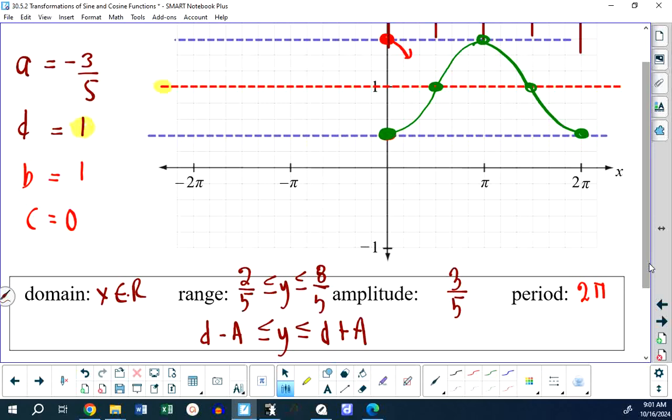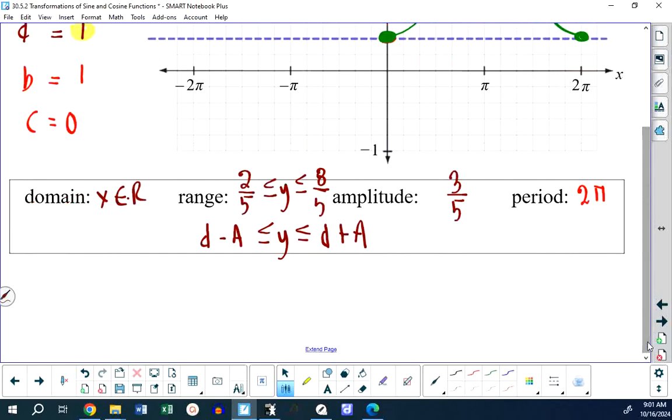You cannot say it's the parameter d minus the parameter a. This would be wrong unless you did this. Because if a is negative, which it is, it wouldn't work. You'd be taking away a negative to get the minimum, which would mean you'd be adding a positive.